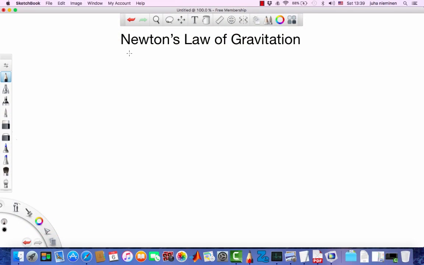In 1687, Isaac Newton published his law of gravitation in his famous book Principia. The law that he stated says that there is a gravitational force between any two masses in such a way that the force is proportional to the product of both masses and inversely proportional to the square of the distance between them.